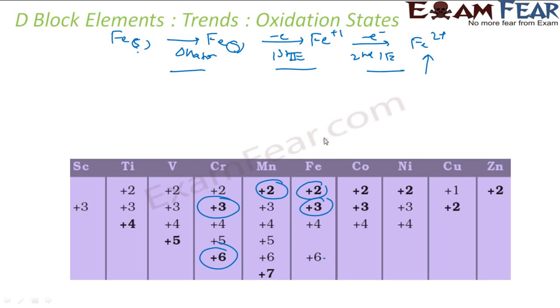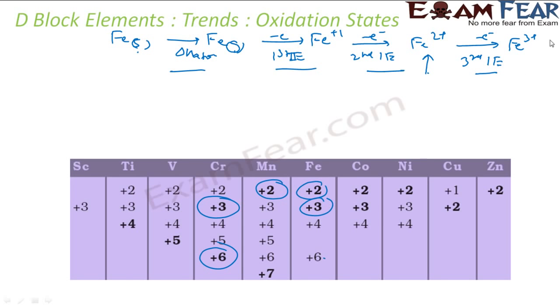Now, the more plus charge, for example, from Fe2+ to Fe3+, again you need to remove one electron, so you have to again supply some energy, right? So in this case, the higher the charge on the transition metal, the more energy is required to remove electrons, because for Fe2+ only first and second IE are required. For Fe3+, the third IE is also required. Extra energy is required now, right?